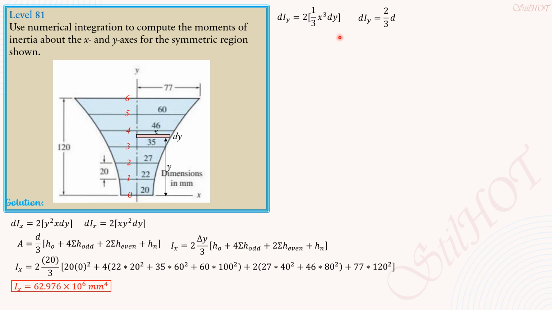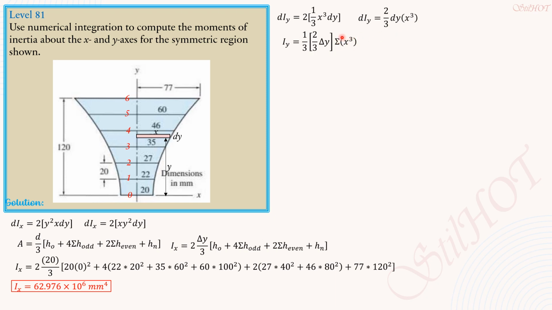Then differential iy therefore is 2/3 dy times x cubed, where dy is delta y, or d in the Simpson's 1/3 rule. But because there is this 1/3 here, we multiply this further by 1/3. So iy equals 1/3 of quantity 2/3 delta y, then summation of x cubed.